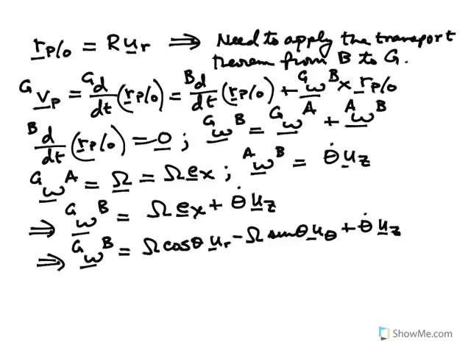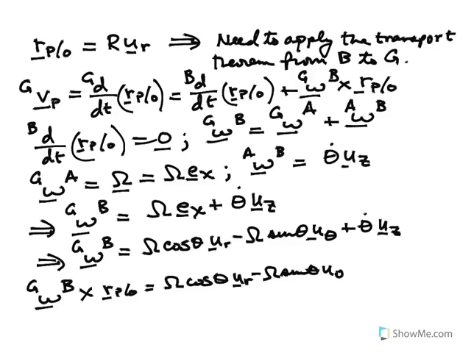So now, let's use that to compute the second term in the transport theorem to get the velocity as viewed by an observer fixed to the ground. This gives me omega BG crossed with rP relative to O, which is omega cosine theta UR minus omega sine theta U theta plus theta dot UZ, crossed with r UR.